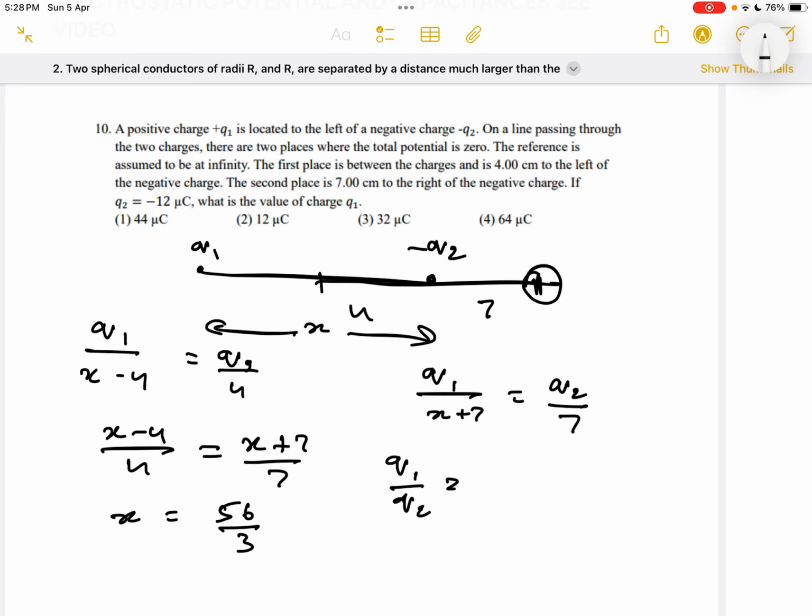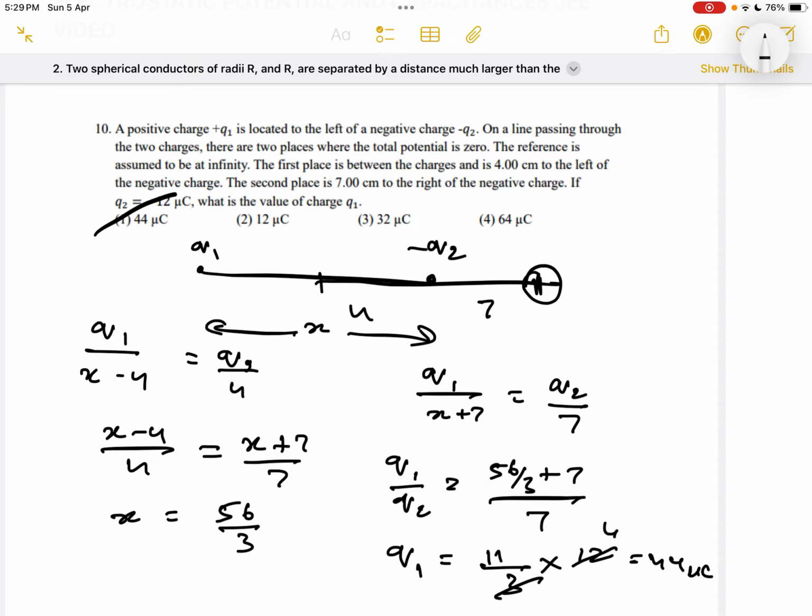So in place of x you can substitute 56 by 3, and then you have the answer for Q1. Q2 is anyway given to you. It's going to be 11 divided by 3. Q2 is 12, so the answer would be 44 microcoulomb. Option 1 is the correct answer.